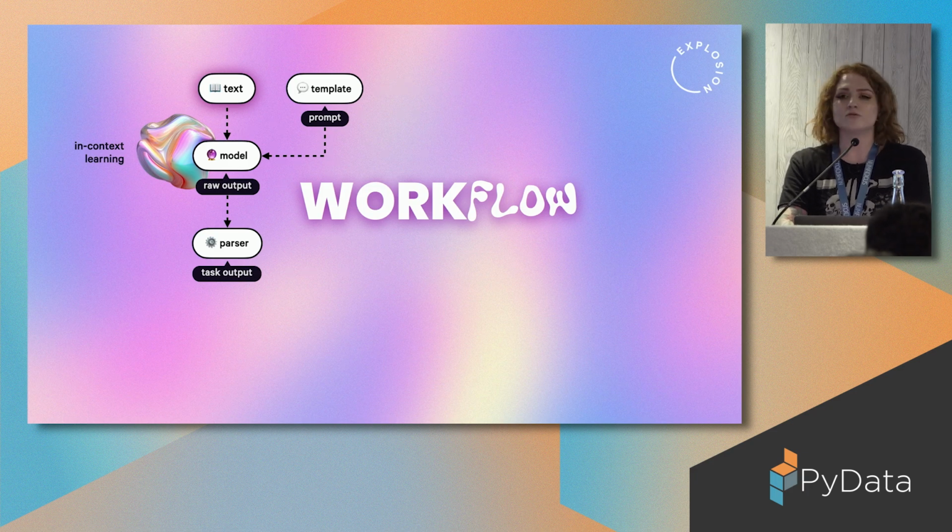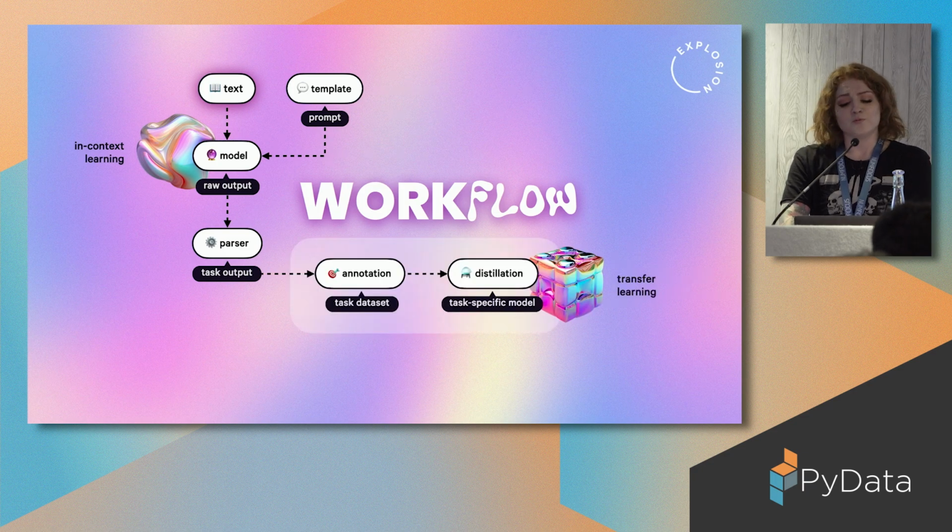We pass that to the model, get a raw output, so human-readable text, and then we have a corresponding parser that takes that output and transforms it into structured data, like our categories or extracted spans that we're interested in. So now what we could do is take that task output and annotate and correct it and create a task-specific data set, which we can then distill into a task-specific model using transfer learning.